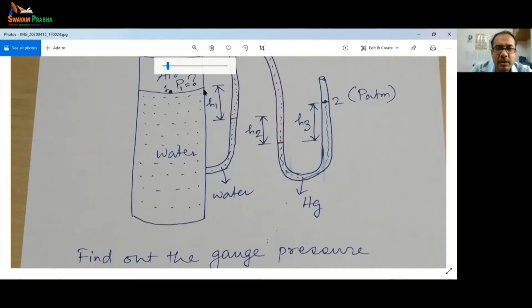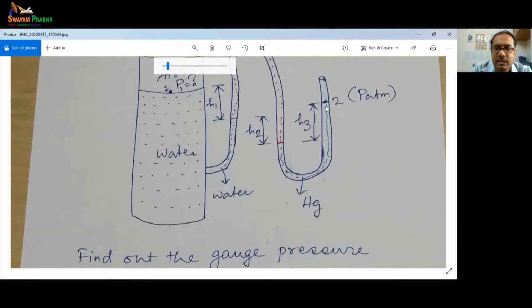Okay, and whenever we are going deeper in height or depth, from here, when we go towards the direction of gravity, the pressure will increase by this rho g h, and here rho will be for water. And when from here to here we go, the pressure will decrease because we are now going against gravity.